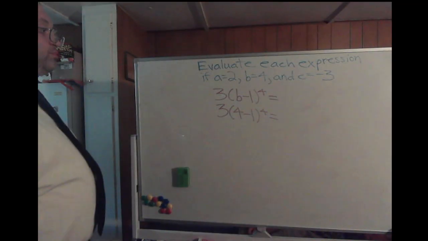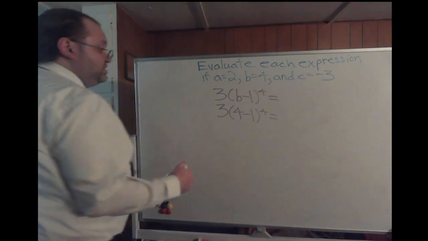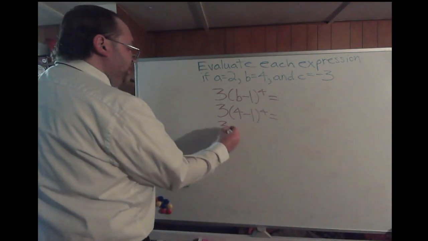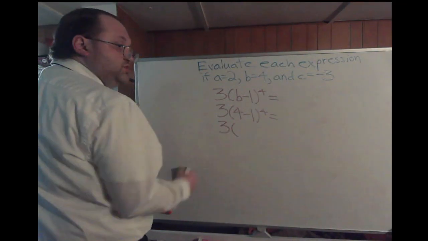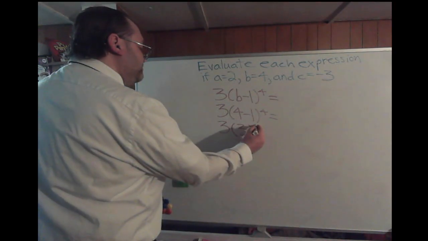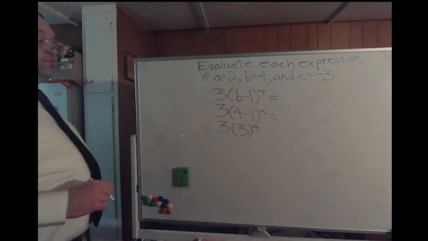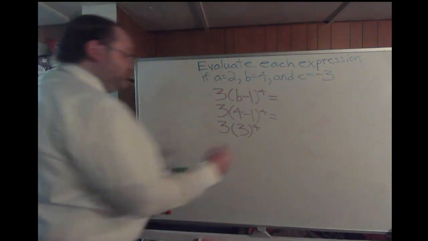Order of operations states we deal with parentheses first. So we have 3 times what's in parentheses. 4 minus 1 is 3. You have 3 times 3 to the 4th power. Now the order of operations states you deal with the exponents first.